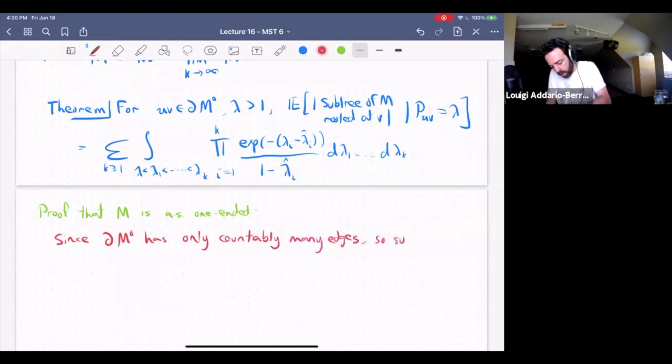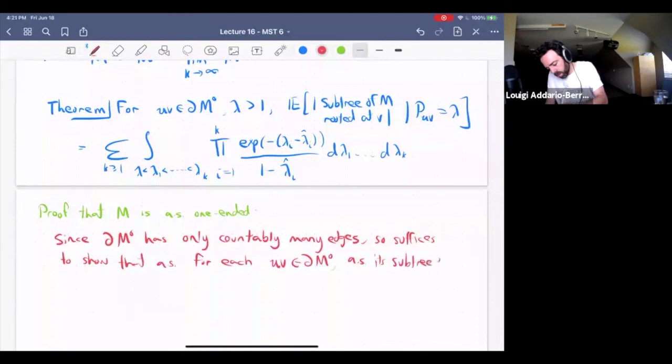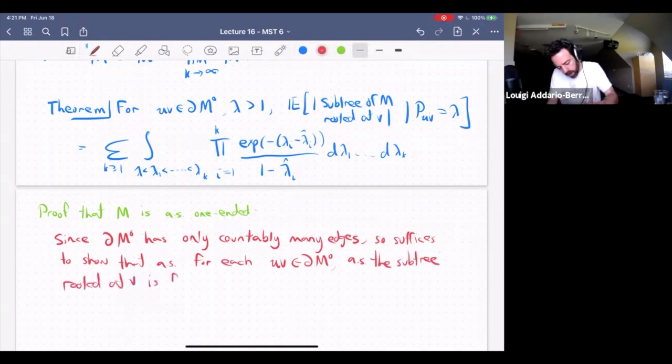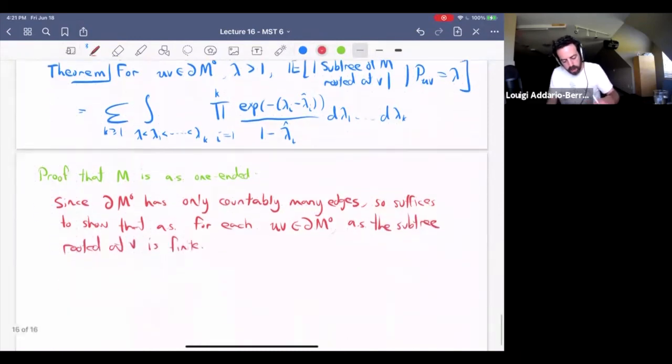So it suffices to show that almost surely for any single edge of the boundary, almost surely its subtree rooted at v is finite.